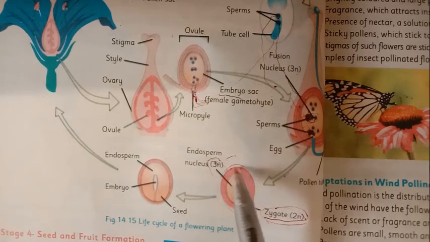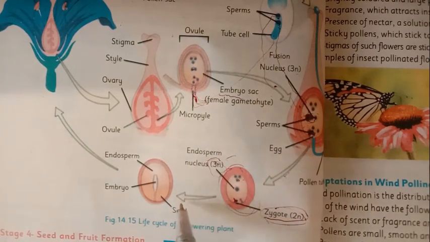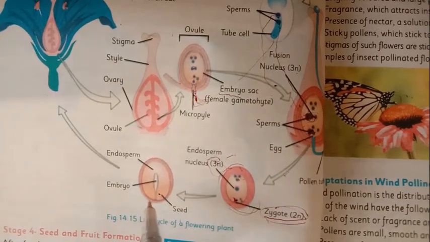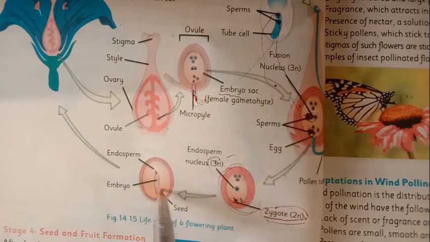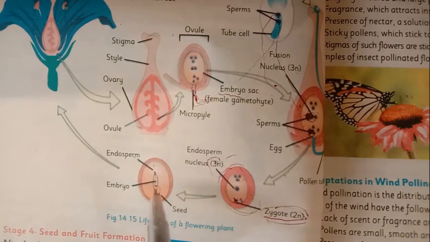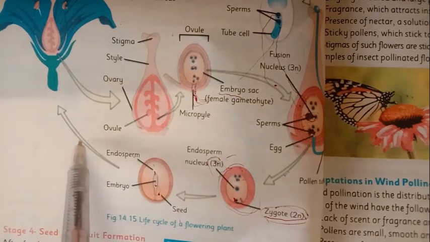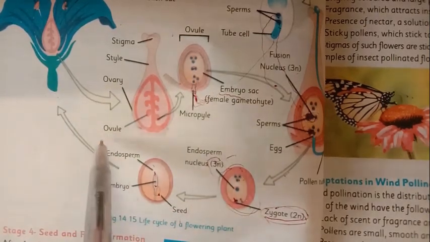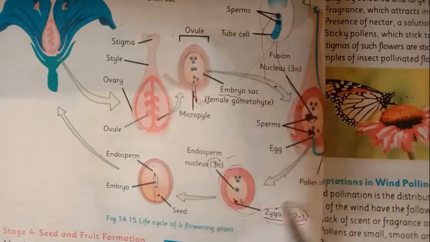When the mature ovule is produced, it is called a seed. So the seed contains the embryo and endosperm, and when this seed germinates, it produces another plant or sporophyte. So this is the life cycle of the flowering plant.